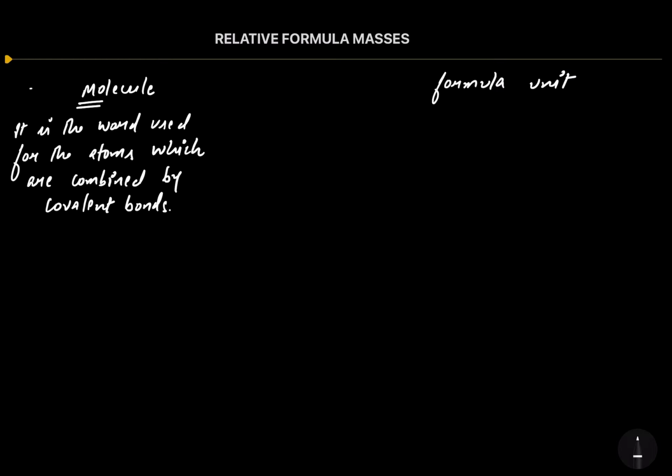In the previous lecture I also told you that when there is a covalent bond between the combining atoms, that thing will be called a molecule. But what does the formula unit stand for? When the interactive force between the combining atoms is an ionic bond, then we call it a formula unit.